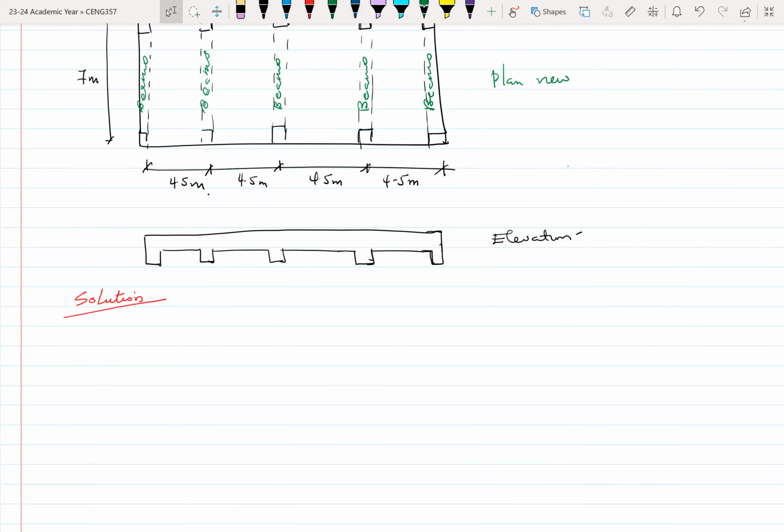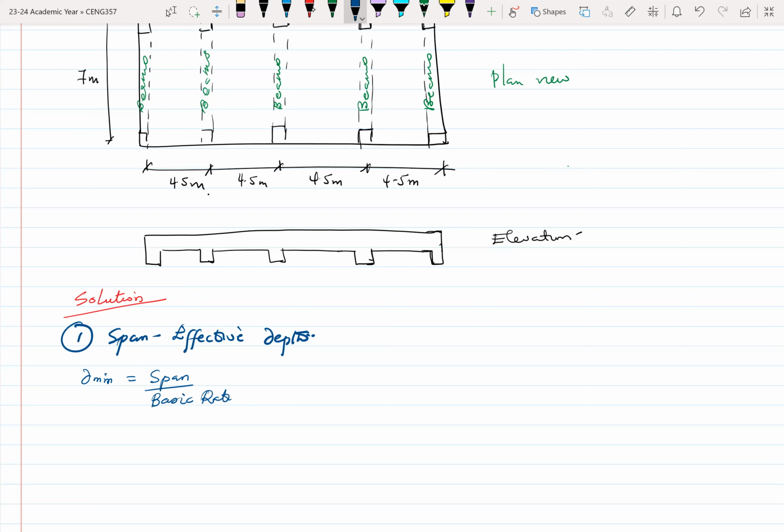With our solution, first up, we look at the span to effective depth ratio. We need to decide what that would be. We're just going to work with the basic ratio, which is span over the basic ratio.